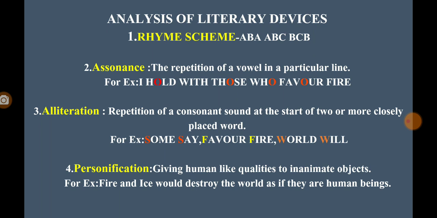Next comes the alliteration. I had taught you about alliteration in my previous video also. Alliteration is the repetition of a consonant sound at the start of words in a particular line. If you look into the poem, there you will find, some say the world will end in fire, some say in ice.